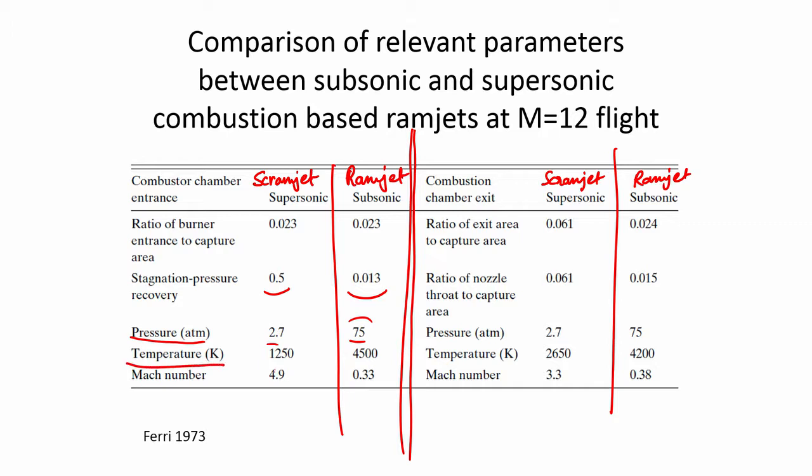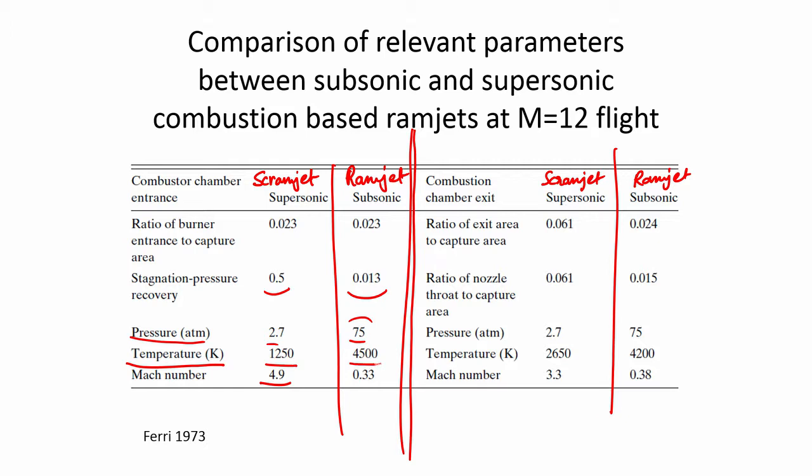You see, the combustor entry temperature in a scramjet, if you are slowing down Mach 12 air entering your engine at the inlet into, say, Mach 2, or here Mach 4.9, at the combustor entry, the temperature would be 1250 Kelvin.